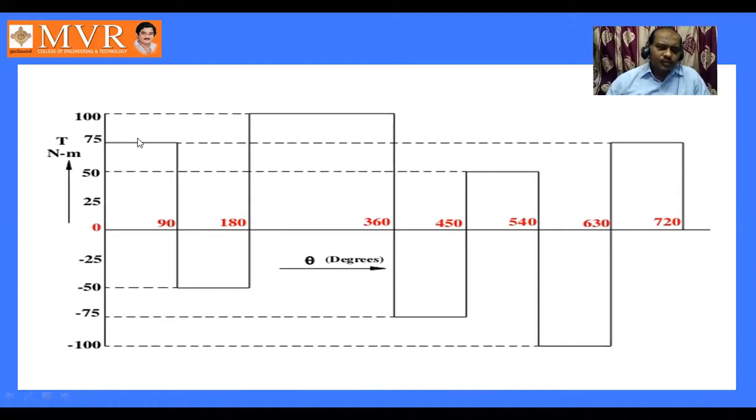In between these two, the torque produced is given for 90 degrees, here 180, once again another 180 degrees, another angle is 360, another 90 degrees, another 90, next here it is another 90. That means for every 90 degrees there is a change in the torque except one.